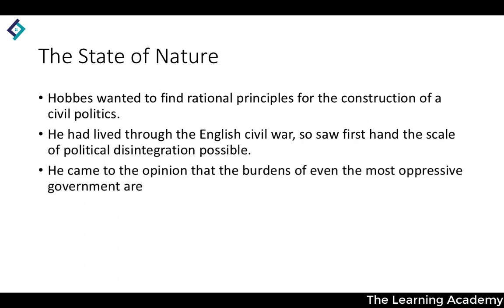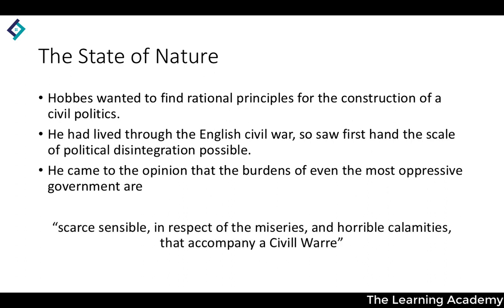And he came to the opinion that the burdens of even the most oppressive governments are, in his account, scarce sensible in respect of the miseries and horrible calamities that accompany civil war. It's spelt differently because that's how it's spelt in Leviathan.